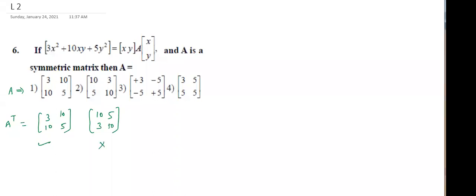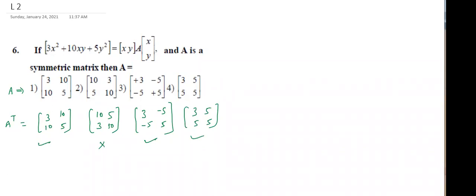This is not satisfied. Next, 3, minus 5, minus 5, 5. This exists, symmetric. Next, 3, 5, 5, 5. This is also symmetric. Okay. So except the second option, remaining three are symmetric matrices only.